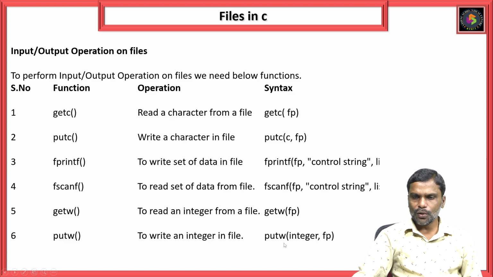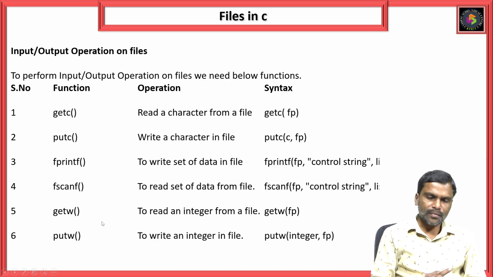In putw, some integer comma file pointer. This putc and putw can be used in the place of the formatted function fprintf. For writing purposes we use putc and putw.